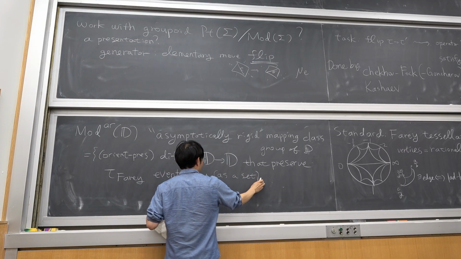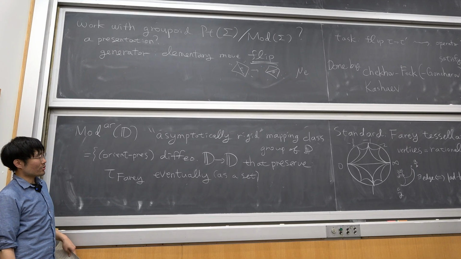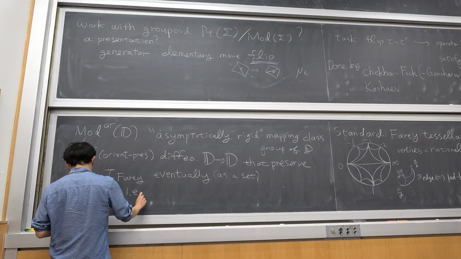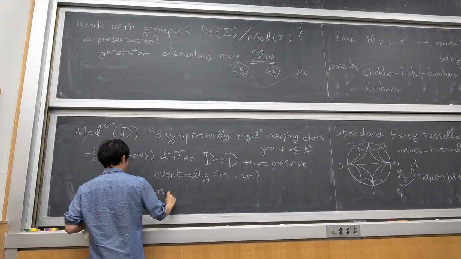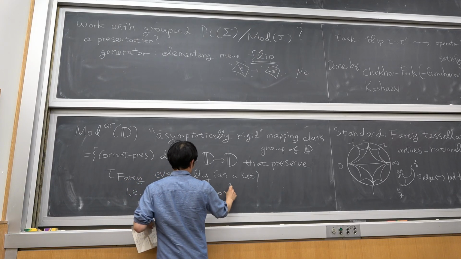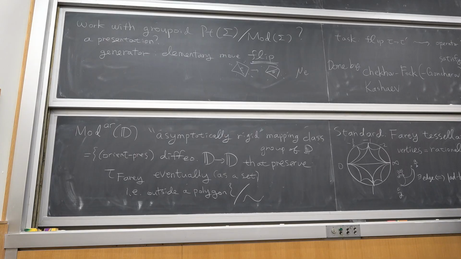It doesn't have to preserve it arc by arc, but as a set it has to eventually preserve it, meaning outside a polygon, up to isotopy.